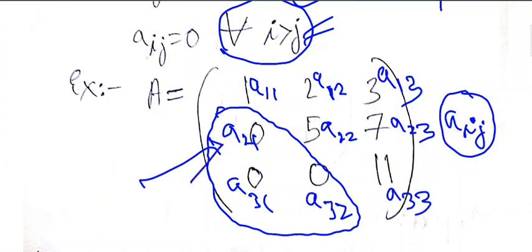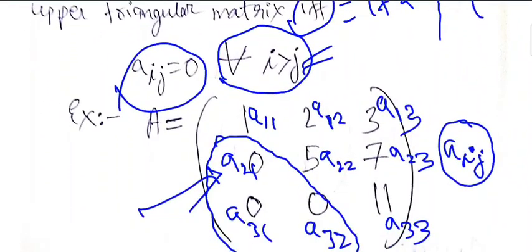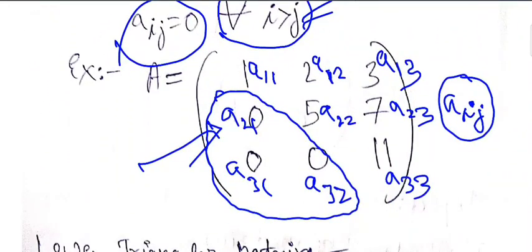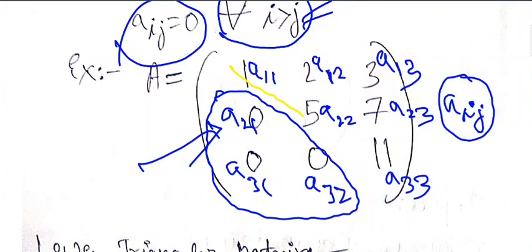This area clearly has Aij equal to 0, so it is called an upper triangular matrix. Why upper triangular? Because on the upper side a triangle of digits is formed.